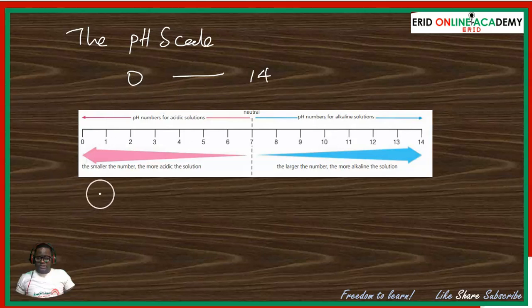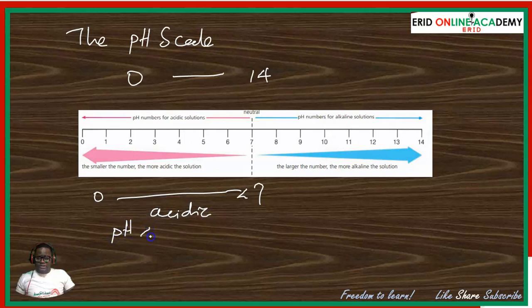So if the number on the pH scale is between 0 and less than 7, then the substance is regarded as acidic. If pH is less than 7, then the substance is said to be acidic.